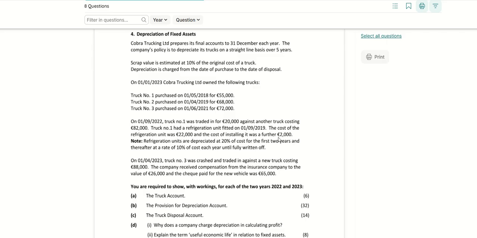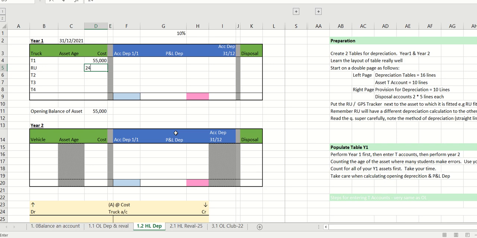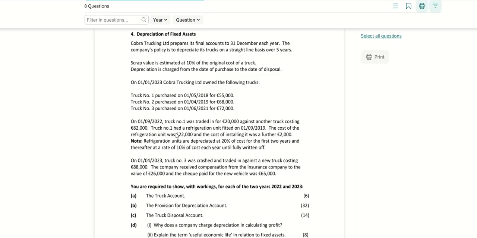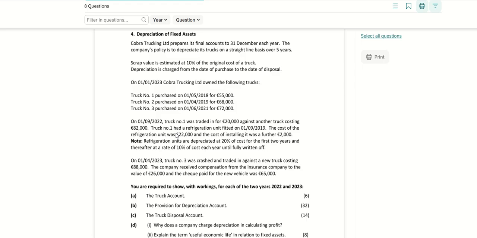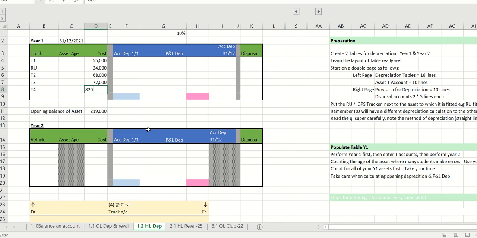So we must include all of those costs in the cost of the asset. It's the fully delivered cost of the asset we need to include. So 22 plus 2, 24,000 for the refrigeration unit. Truck number 2, 68,000. Truck 3, 72,000. And truck 4, where truck 1 and the RU got traded in, and we got truck 4 for 82,000.